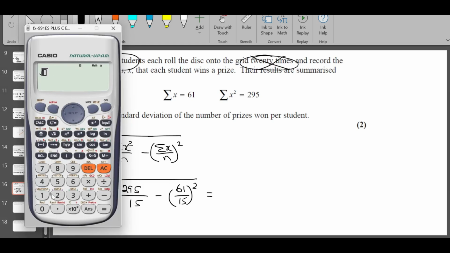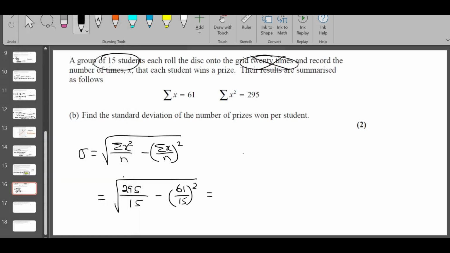So square root of 295 over 15 minus 61 over 15, whole squared.